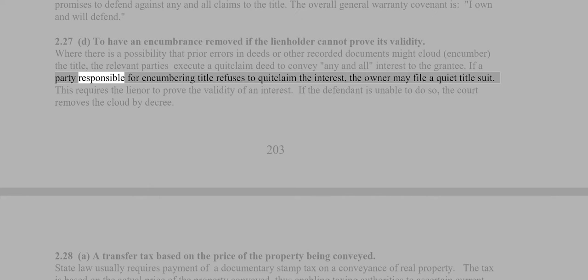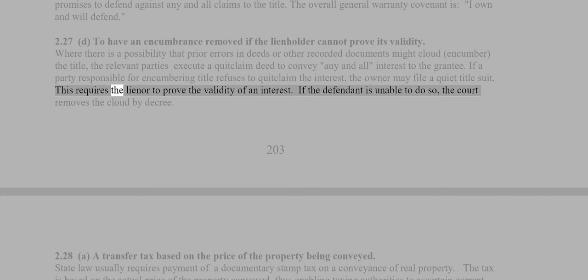If a party responsible for encumbering title refuses to quitclaim the interest, the owner may file a quiet title suit. This requires the lienor to prove the validity of an interest. If the defendant is unable to do so, the court removes the cloud by decree.